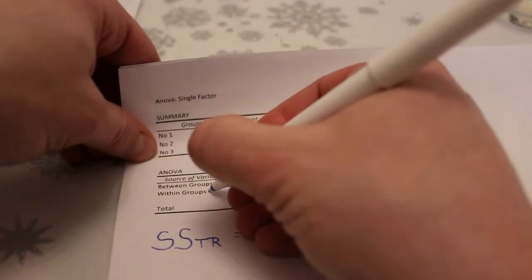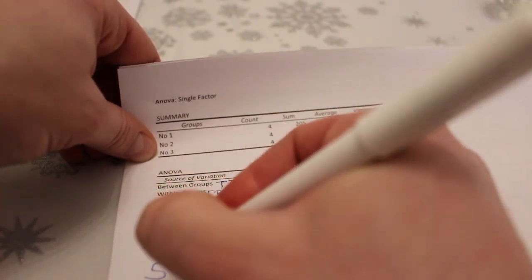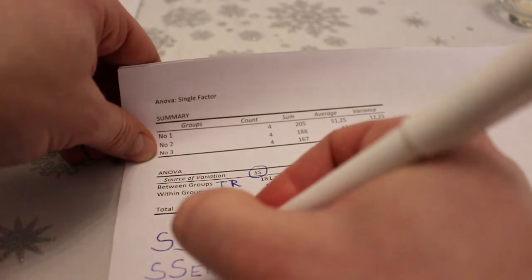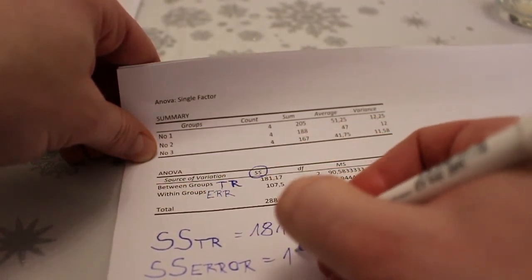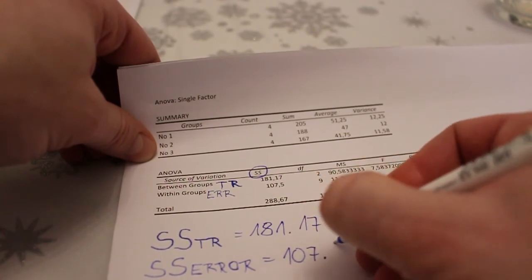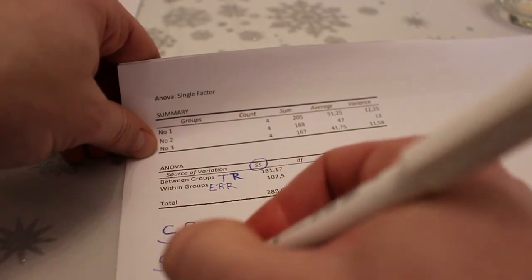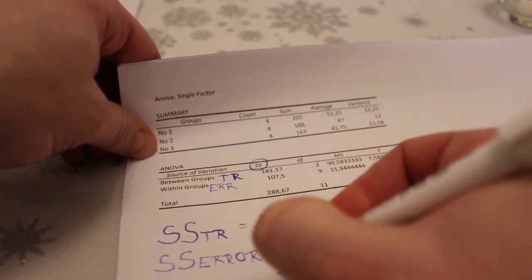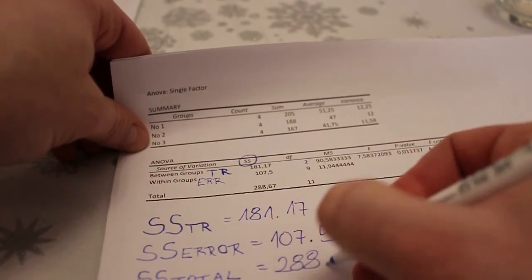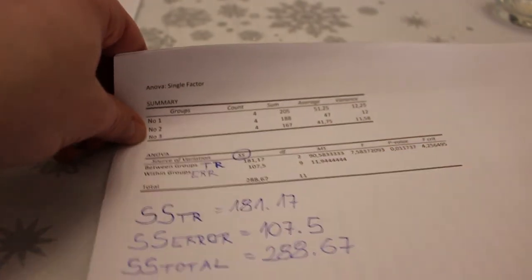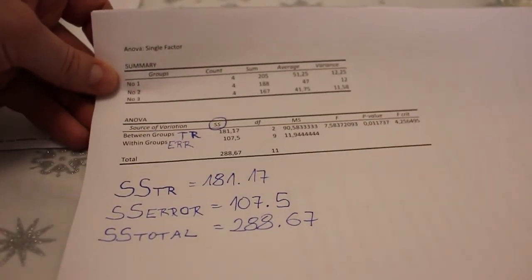Within group means error, so sum of squares error is equal to 107.5, and total sum of squares is equal to 288.67.